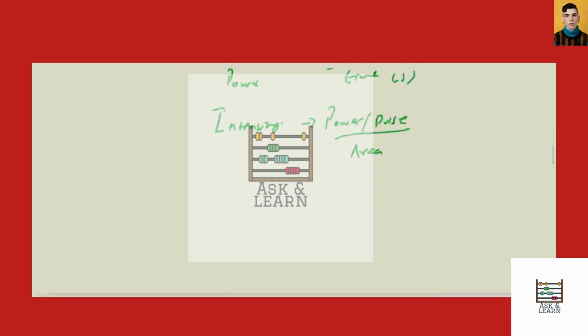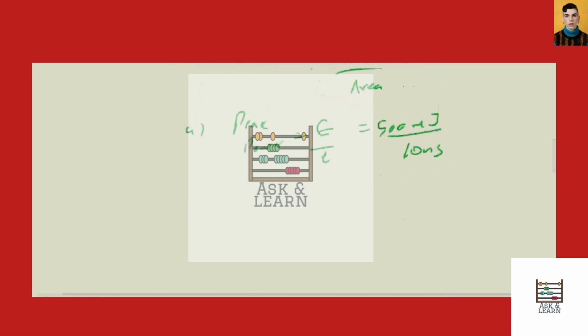So in part A, we want to get the peak power, and that's the power output per unit pulse. So power output, the energy per unit time, is 500 millijoules relative to 10 nanoseconds, and we have to transform this to SI units.